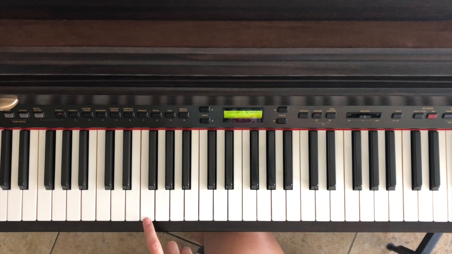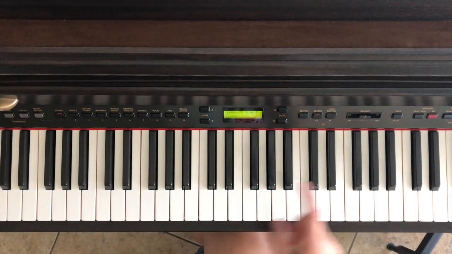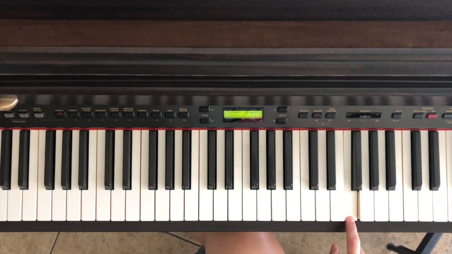This is our F that falls on our bass clef or our F clef line. Here's another sound way up here. This is high F, so this is the topmost line of our staff. Looks like this.